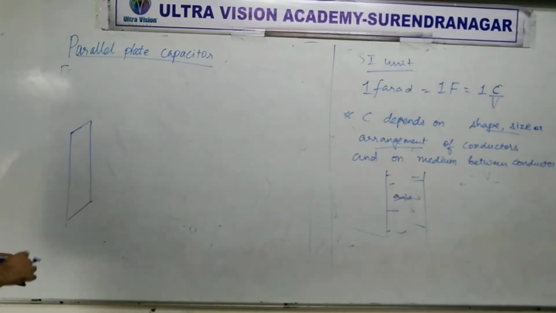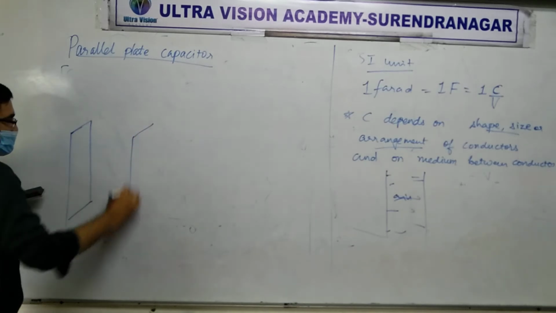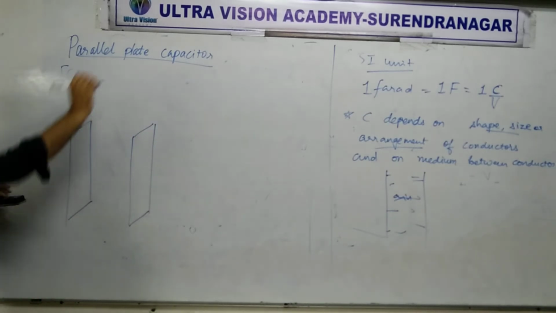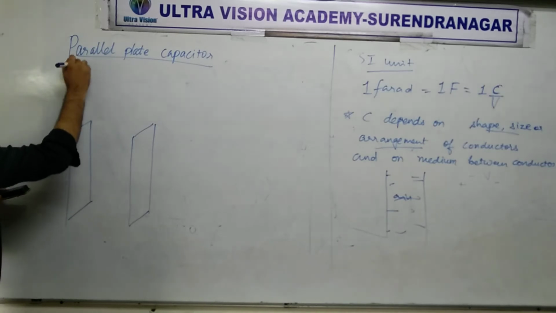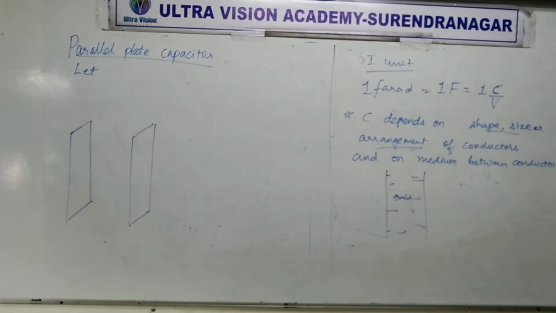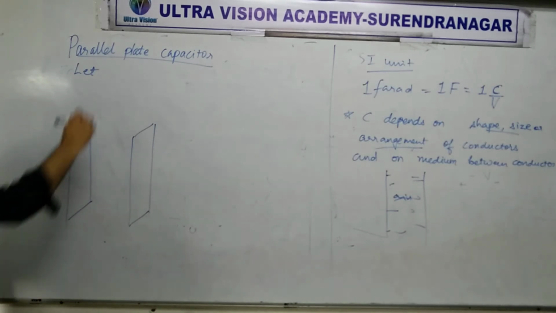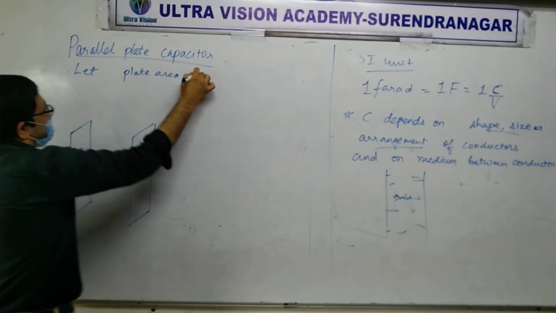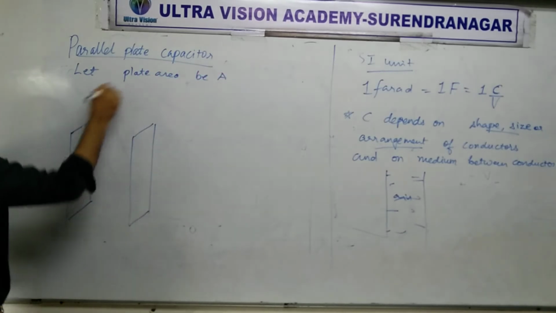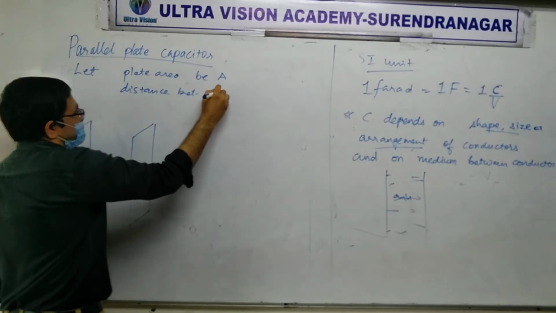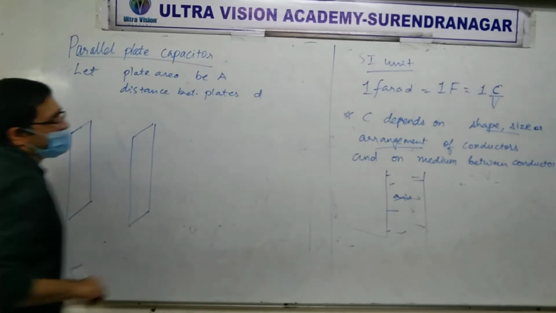Okay. So let's say this is one plate and this is another plate. They are facing each other. Suppose the plate area is A. Let the plate area be capital A. Distance between plates is d.